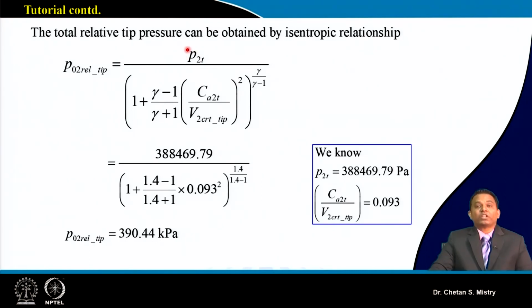It says this P2, which we have calculated, divided by 1 plus gamma minus 1 divided by gamma plus 1, which is nothing but my critical Mach number square, to the power gamma over gamma minus 1. All these numbers are known to us, so we can calculate my total pressure at the tip, and that comes as 390.44 kilopascal.